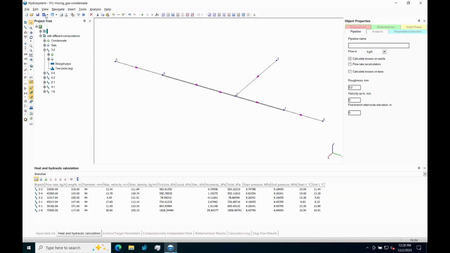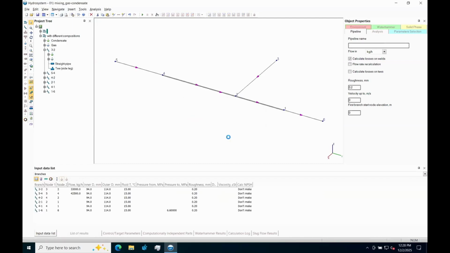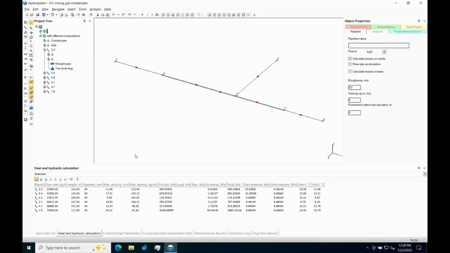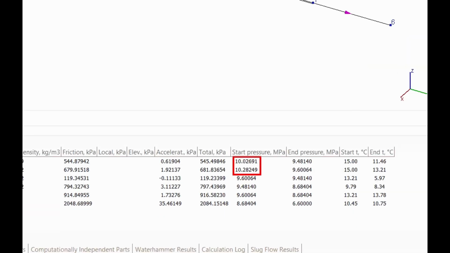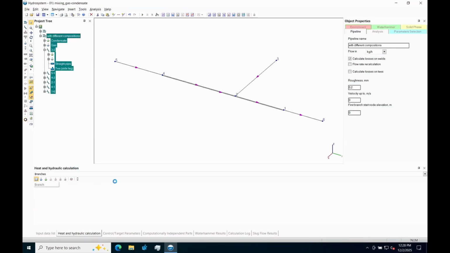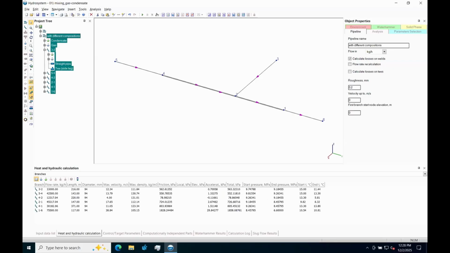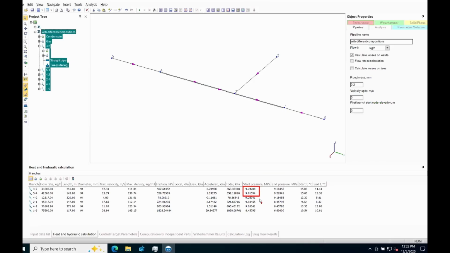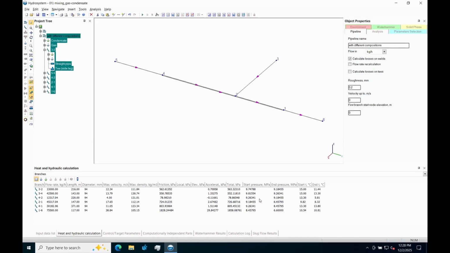For instance, if we compare this calculation with the calculation of the initial piping system, where we didn't take into account this change in propane content of 10%, we can see that in the initial piping system, we need an inlet pressure above 10 megapascals, and after we fixed the fluid compositions more accurately, we then know that the inlet pressure is not as high as required. So it's worth taking into account these effects in your calculation of the piping system.